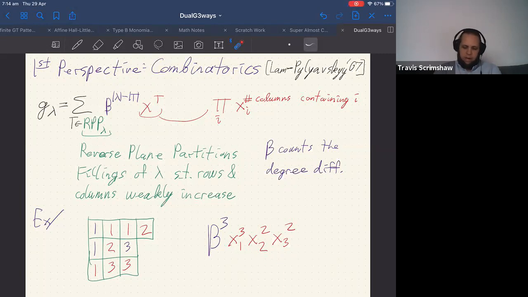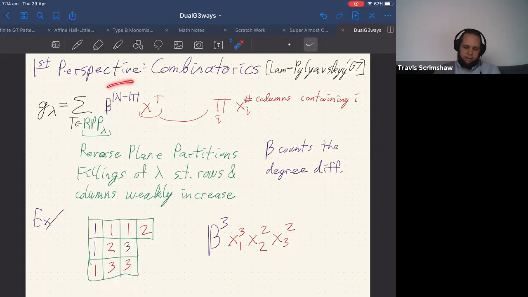And how I'm going to count my weight, my x to the t here, is I'm going to count the number of columns that contain i rather than the number of entries, if you're used to that. So in this example here, I have 1, 2, 3 columns that contain 1, so I have an x_1 cubed, 2 columns with a 2, and 2 columns with a 3.